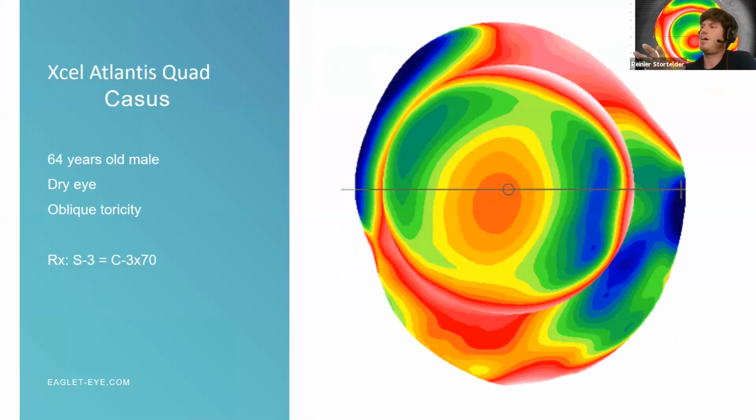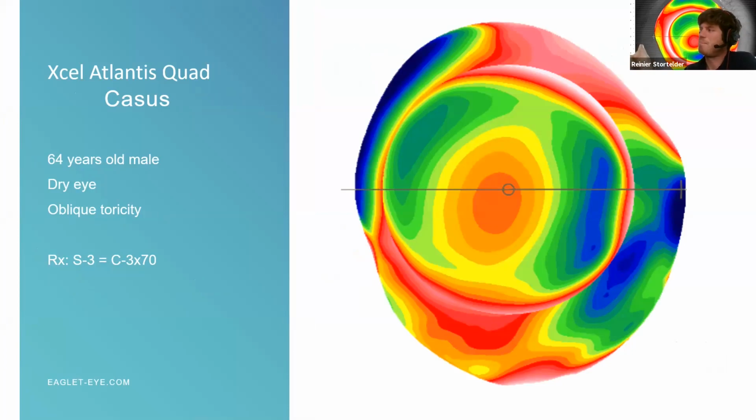Here I have one example. This is an eye from a colleague of mine, which I always used to test my lenses, because he's oblique, his sclera is oblique in shape, so you can see that here.